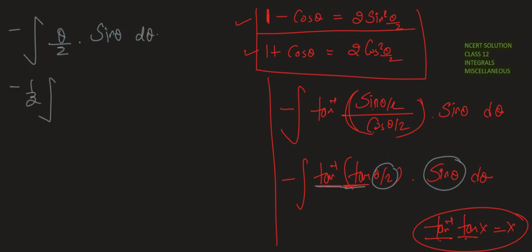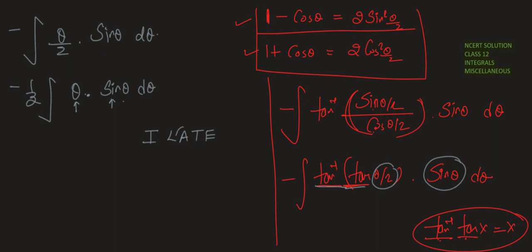So guys, tell me what it is looking like. Isn't it looking like this is algebra and this is trigonometric, u into v? So whenever we have u v, we use ILATE. This I have explained in integration by parts.